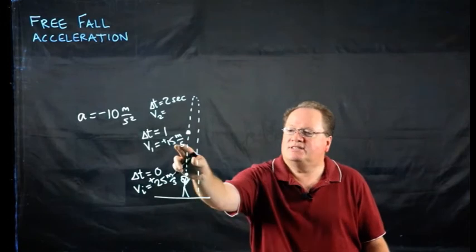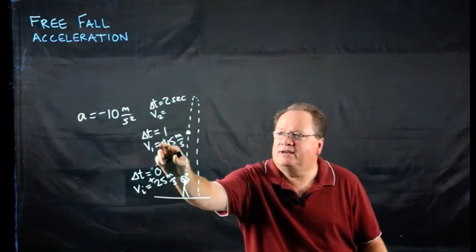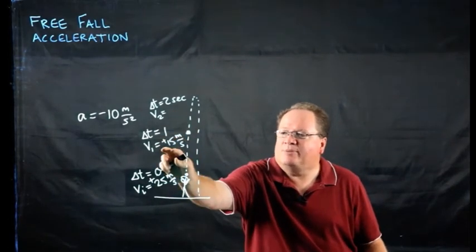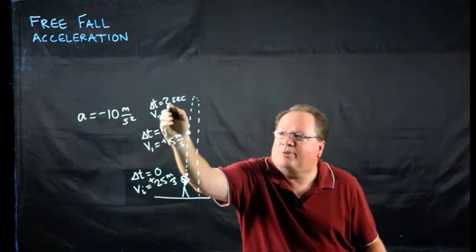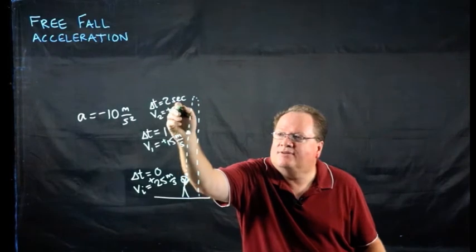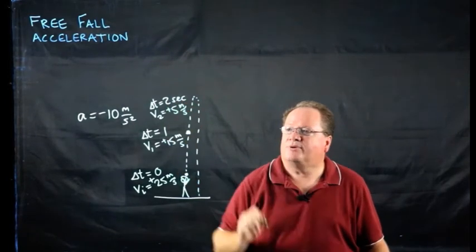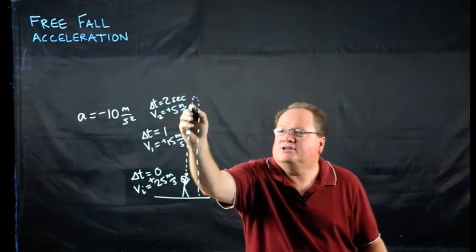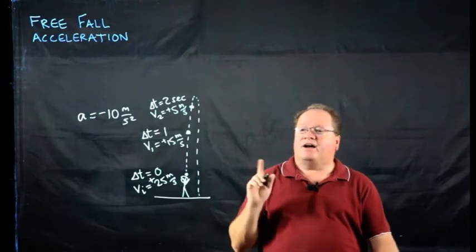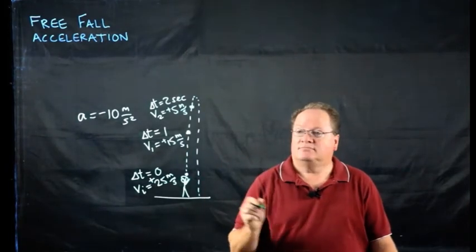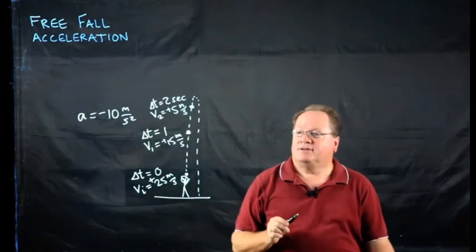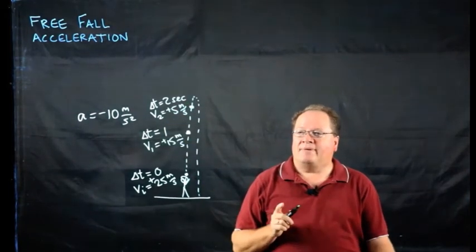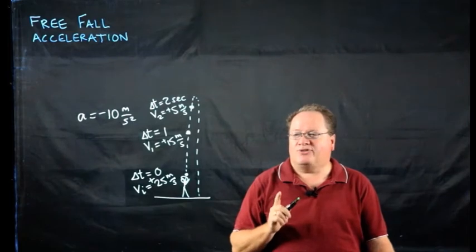So if I was at positive 15 at this moment, it'd be positive 15 minus 10. This is going to be positive 5 meters per second at this new location. So I know the ball has not gotten to its peak yet. It's still moving upward because this is positive. What about at time equals 3 seconds?